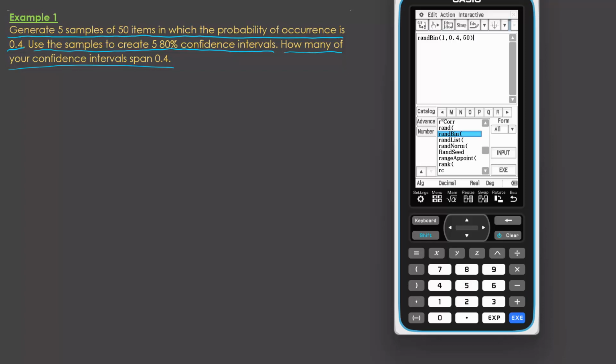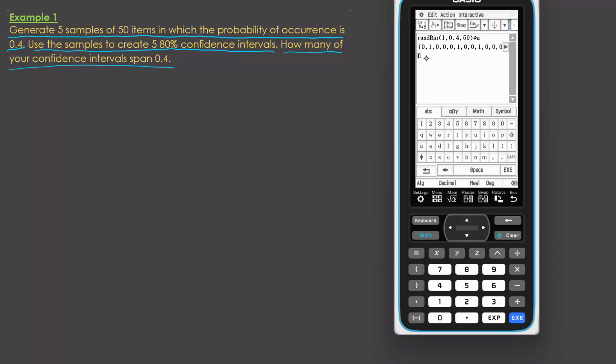So what I then want to do is store those trials in a variable. Let's say that we store them in A. And you can see it's a series of Bernoulli trials, so they're either zeros or ones. We're going to have 50 of them there. And then what I'm going to do is work out the mean.